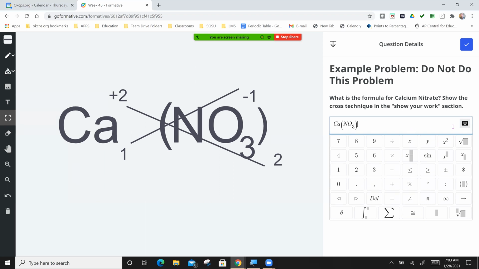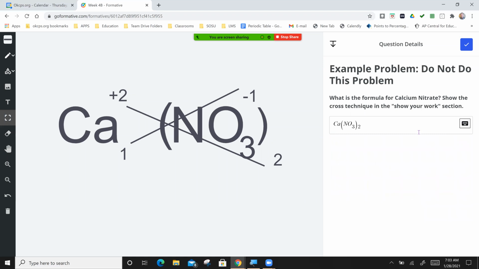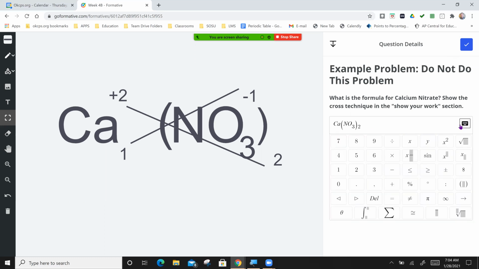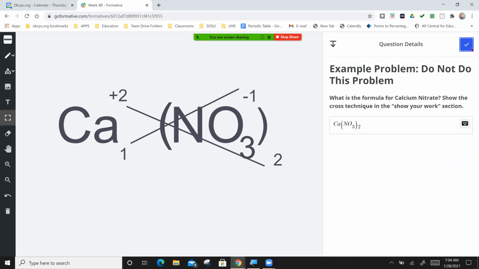And then outside of the parentheses, you're going to subscript again 2. All right, and that would be how you answer that. So that is showing you that you have 2 of the NO3 ions. That's what it's showing. But you have to have that in a parentheses, otherwise it does not work. Okay, so make sure you show that parentheses.